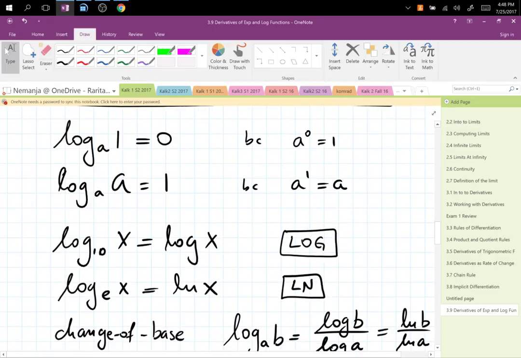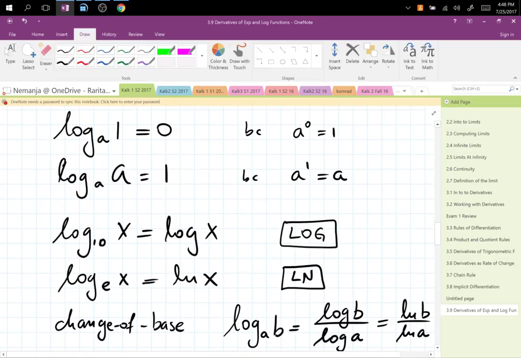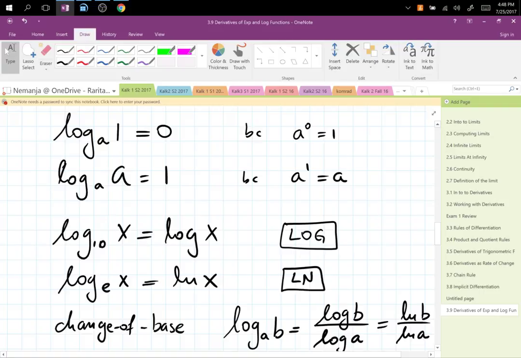Now we have the 5 basic formulas or rules for logs. Log of any base of 1 is 0. Log of any base of the same number is 1. Log base 10 has the shorthand notation of just log x, and log base e of x, where e is a special number, is ln x. Those have buttons on the calculator.